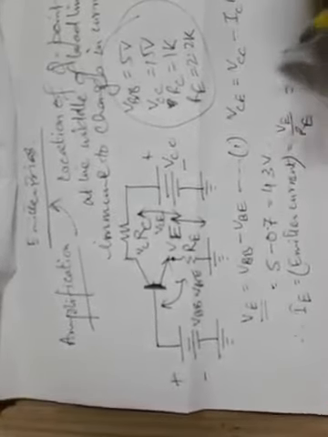So we can calculate IE, that is the emitter current, from there. So emitter current will be how much? It is VE by RE, and that is equal to 4.3 divided by 2.2 kilo ohm, and this will give you the value 1.95 milliampere.